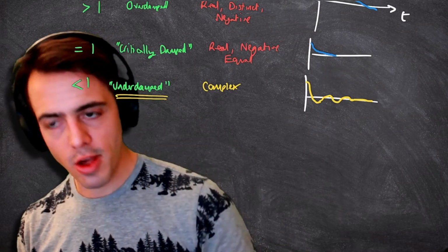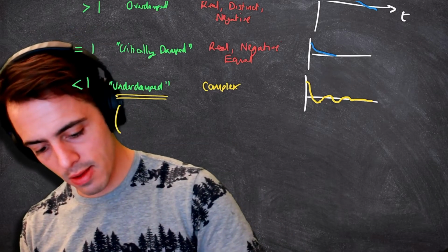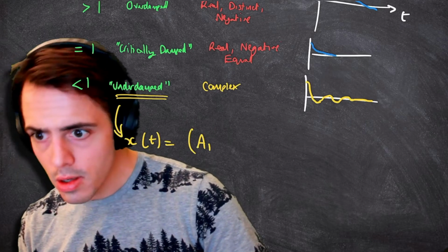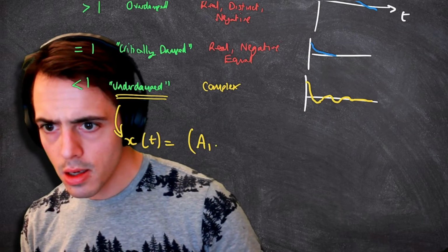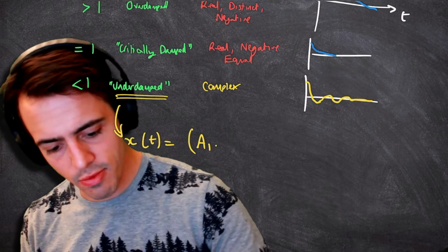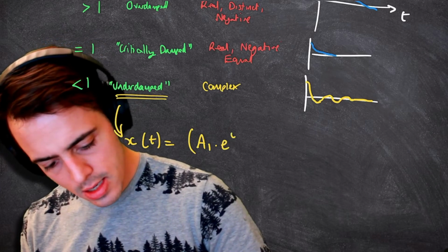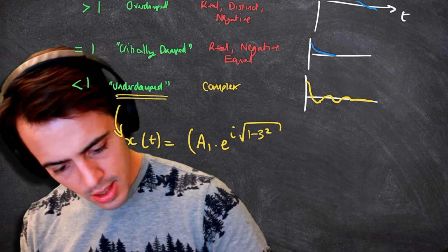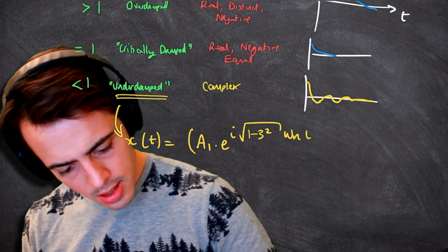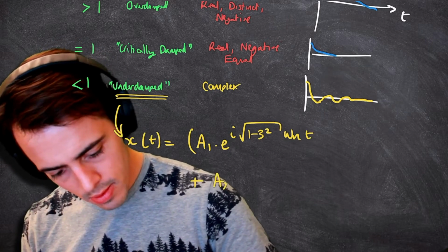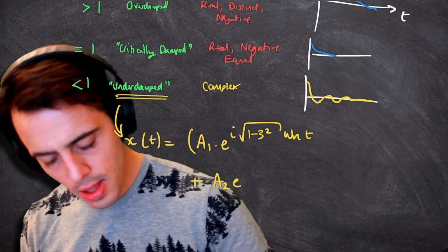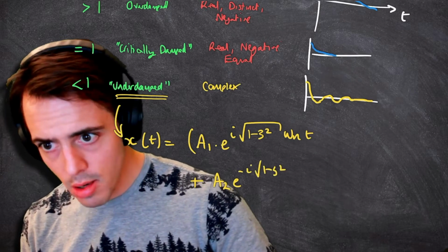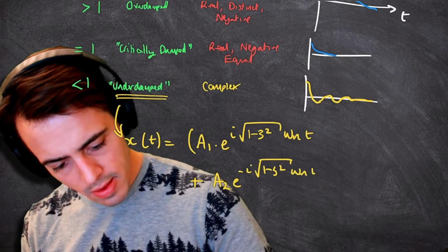So we can rewrite the expression for the general solution for this. We can say x(t) is equal to, again, this isn't from memory, I'm having to look these up as I'm doing this, a1 e to the i square root of 1 minus zeta squared omega n t plus a2 exponential of minus i square root of 1 minus zeta squared omega n t.